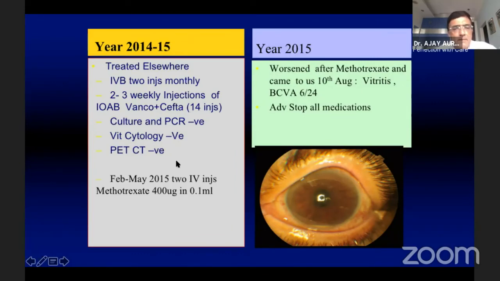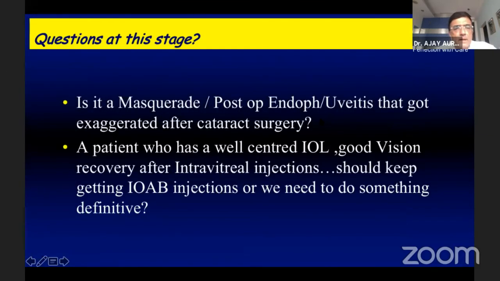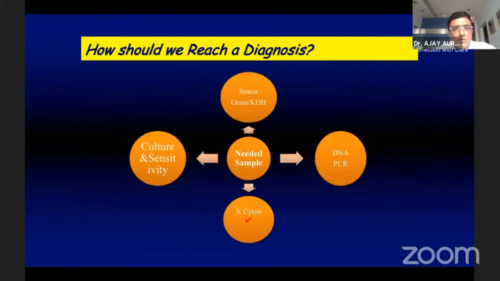We did a vitrectomy. Subsequently, the patient had a recurrence. Was treated elsewhere with 14 injections of vancomycin. Was culture and PCR negative. Had a PET CT done and received methotrexate. Came back to us, and we thought maybe it's a masquerade of chronic post-op endophthalmitis or uveitis.